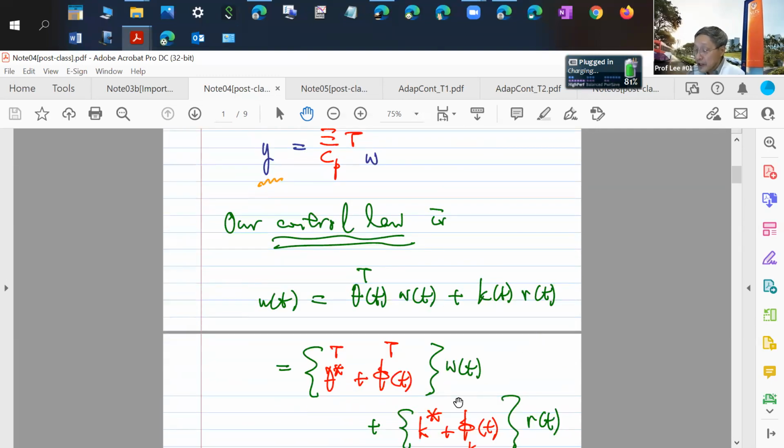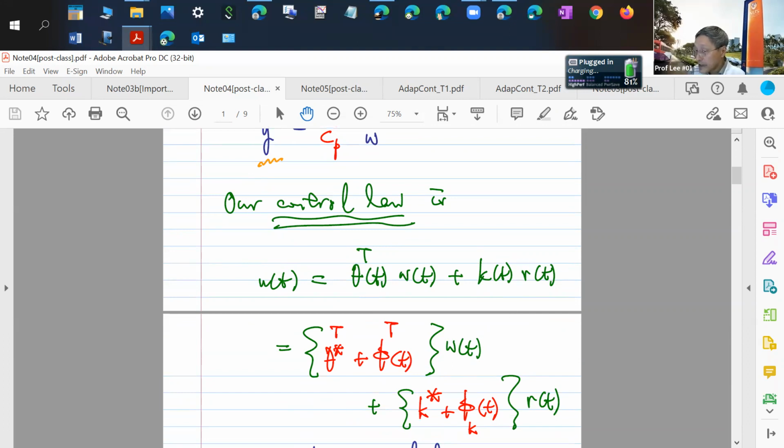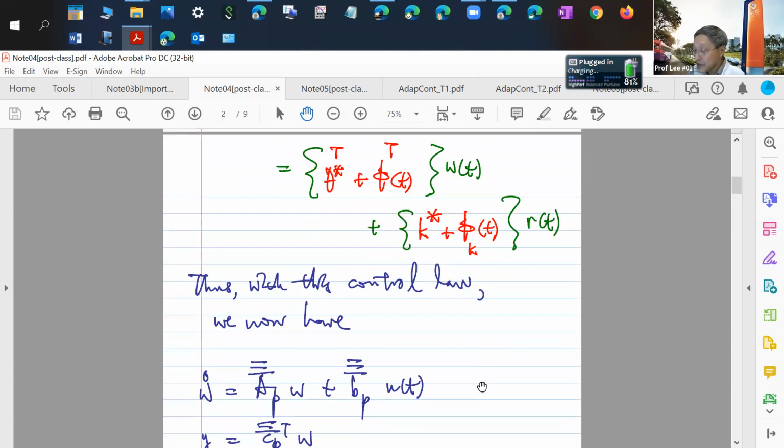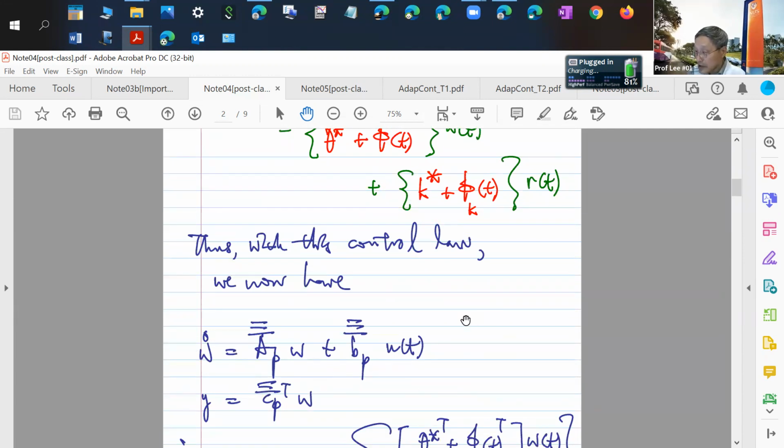We can rewrite it as the perfect control part plus the error, even the R part, the perfect part plus the error. This is how the system is written in the non-minimal realization.